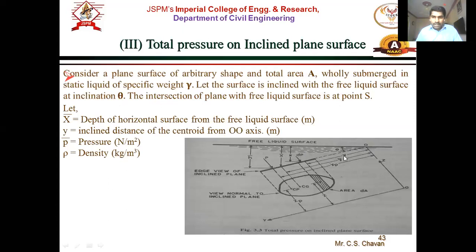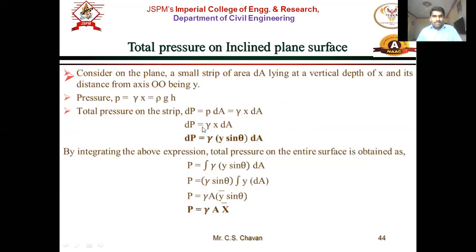So we have to replace x with respect to inclined distance and theta. The trigonometry part is here: x is nothing but y sine theta. Therefore the pressure on the strip, delta P, is gamma y sine theta into dA.